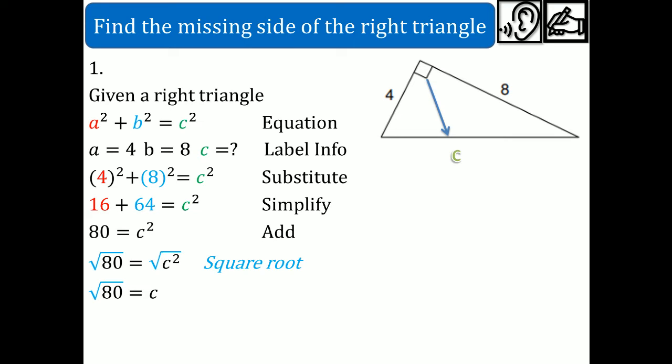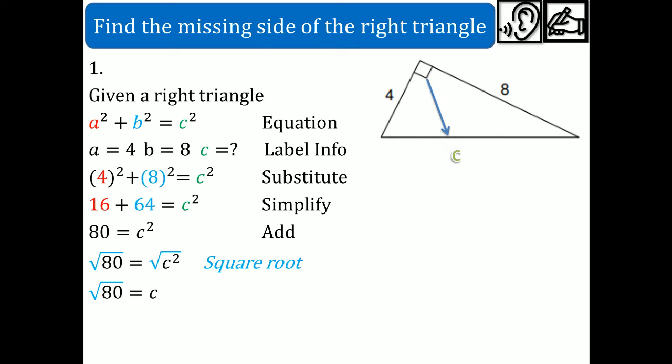So, the left hand side is left as the square root of 80. The right hand side is equal to c. Okay? Notice, c is now alone. It doesn't have the power 2 here. It's left alone, it really has the power 1. On the left hand side, it becomes just square root of 80. Can you simplify the square root of 80?